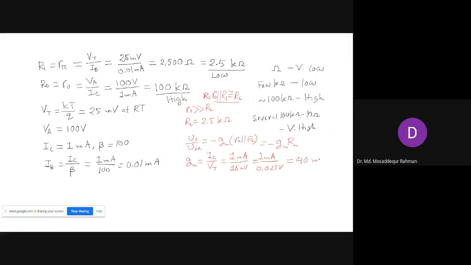Right, so that is gm, and the overall voltage gain from base to collector, V naught by V pi, is minus gm RL. gm is 40, and RL in this case is 2.5 kilo ohm, and these two together give minus 100.